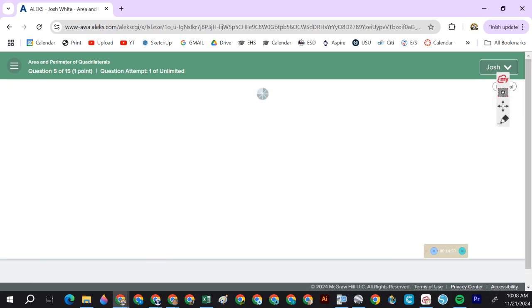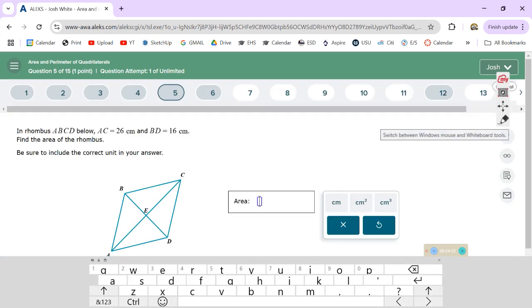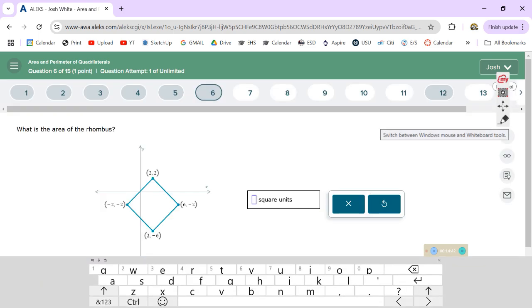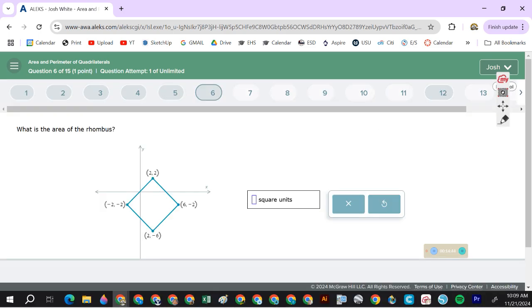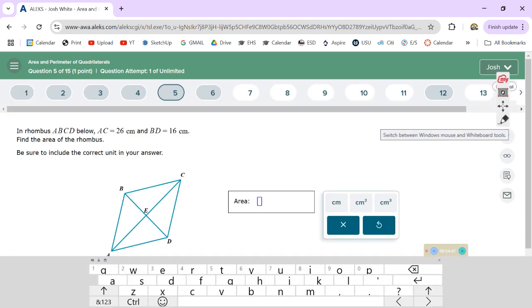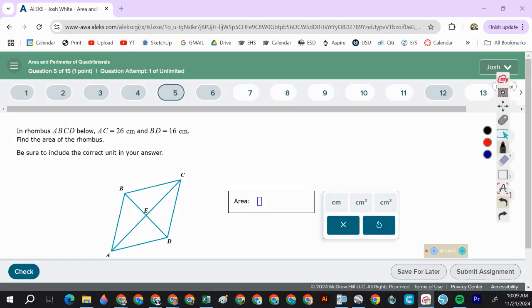And this is the last type of problem. Okay. So, for the rhombus, I know that AC is 26, and this is 16.